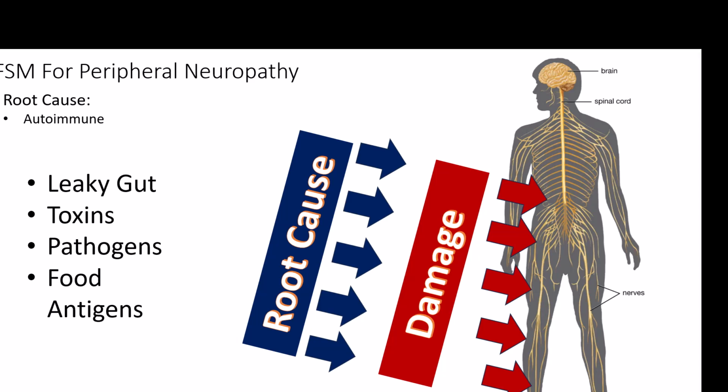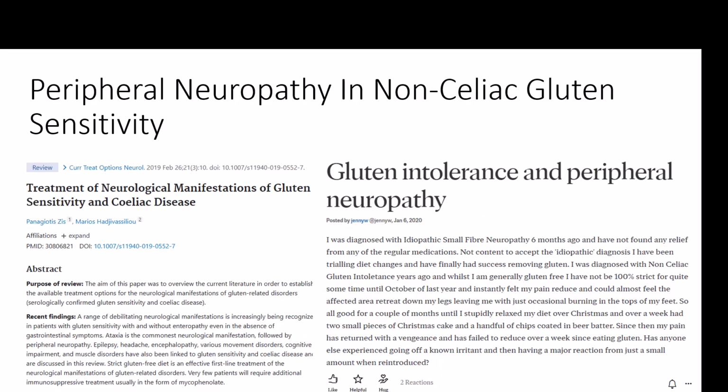In the next slide, I want to address a very common root cause of peripheral neuropathy due to autoimmune self-attack. That is peripheral neuropathy associated with non-celiac gluten sensitivity. The study on the left is titled Treatment of Neurological Manifestations of Gluten Sensitivity and Celiac Disease.